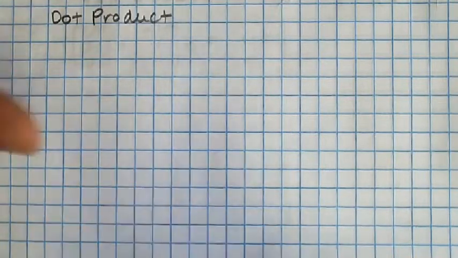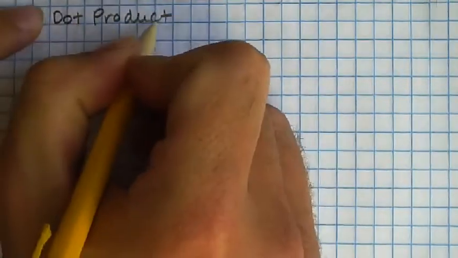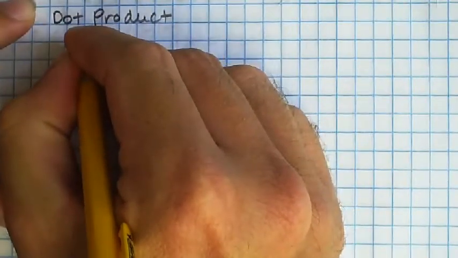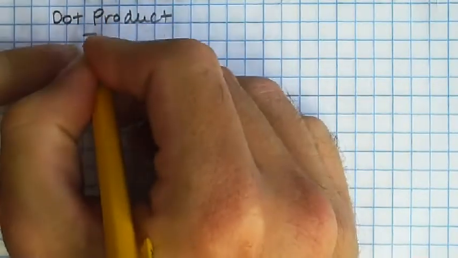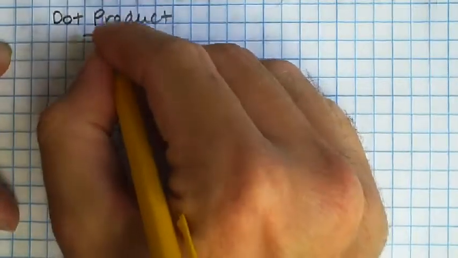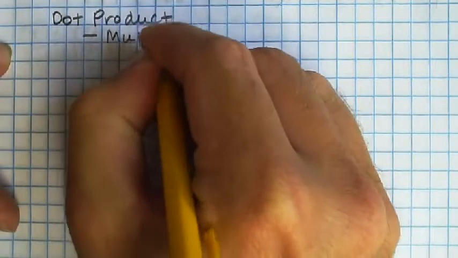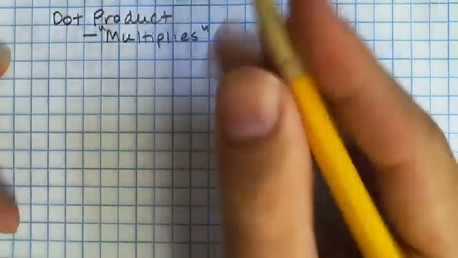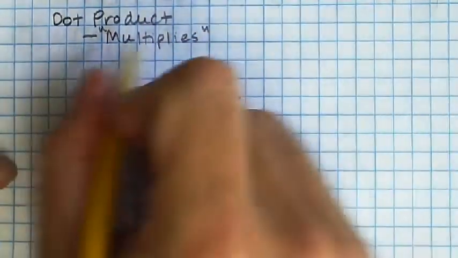Next, I'm going to talk about the dot product, which is also sometimes called the scalar product or the inner product. The first thing I want to point out is that it takes in 2 vectors and gives you back a number after multiplying them. Multiplies is maybe a bit of a stretch for a verb, but we call it a product.